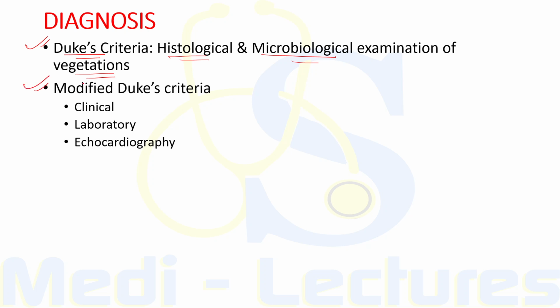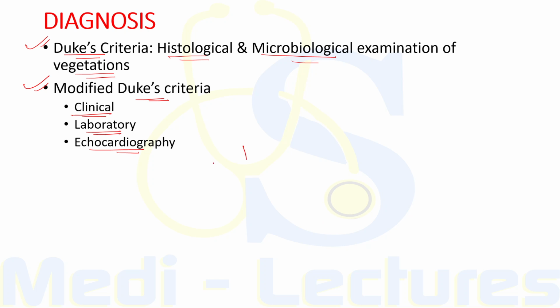Now, modified Duke's criteria is used. It is based on clinical, laboratory and echocardiographic findings which are common in infective endocarditis patients. So in patients with potential infective endocarditis predispositions, cardiac or non-cardiac features of infective endocarditis like stroke, splenic infarct, or blood cultures yielding infective endocarditis associated organisms, a thorough clinical, microbiological and echocardiographic evaluation is essential in these patients.